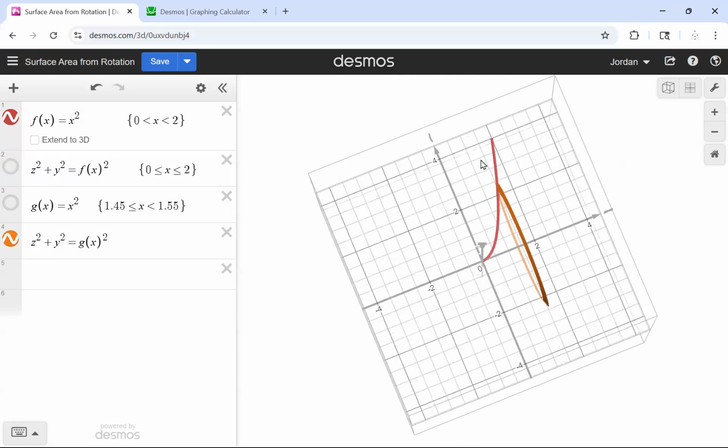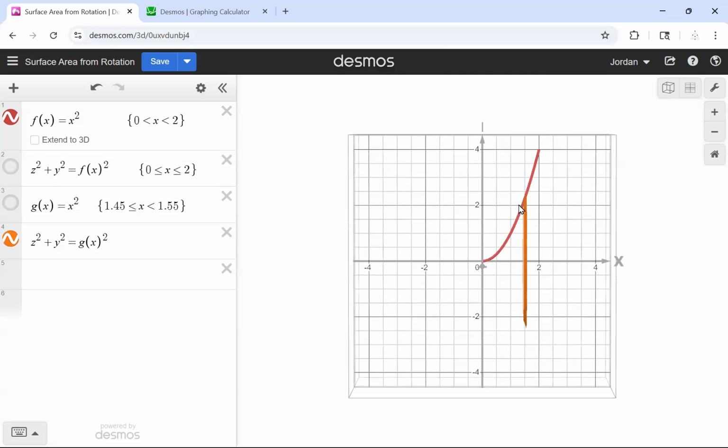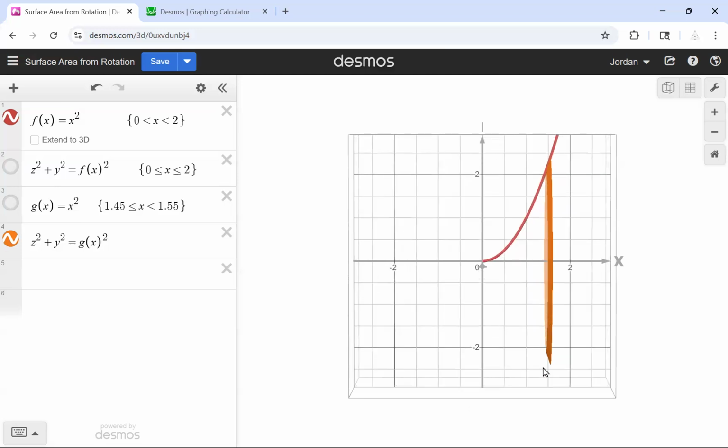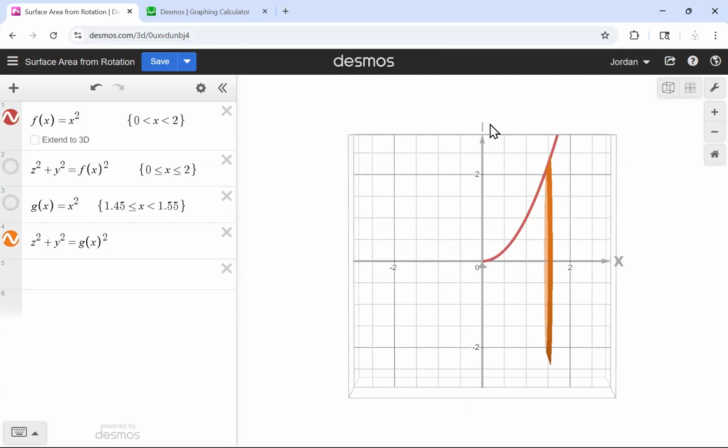Notice that the angle that this ribbon is cut on follows the angle of my curve, which would be the slope of the tangent line of my curve.